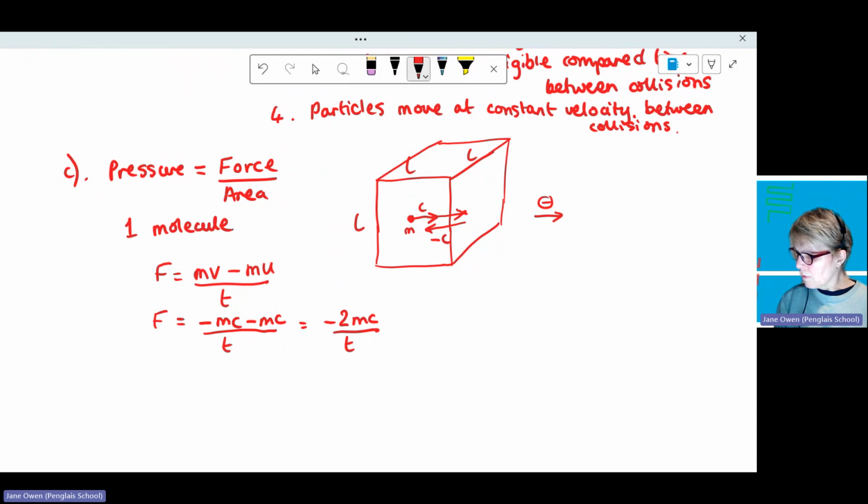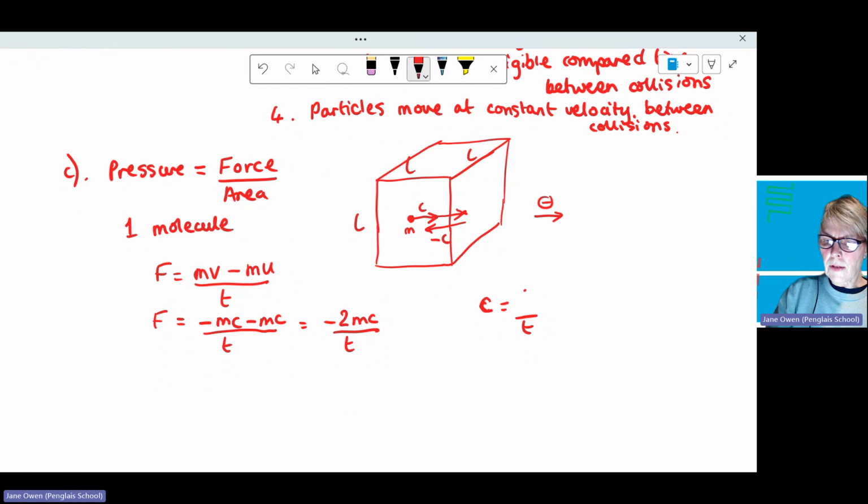Now we need to put that into the equation for pressure. Before I do that, the time here comes from speed equals distance divided by time. Let's have x divided by time, or L in this case, because it's going to go along the whole length of one side of the container.